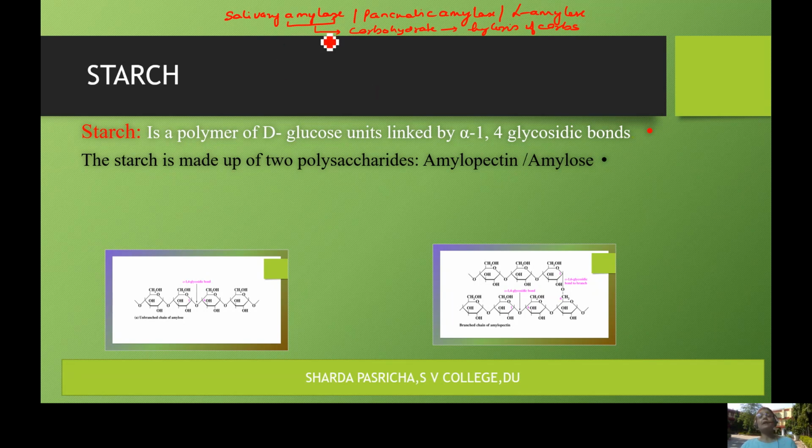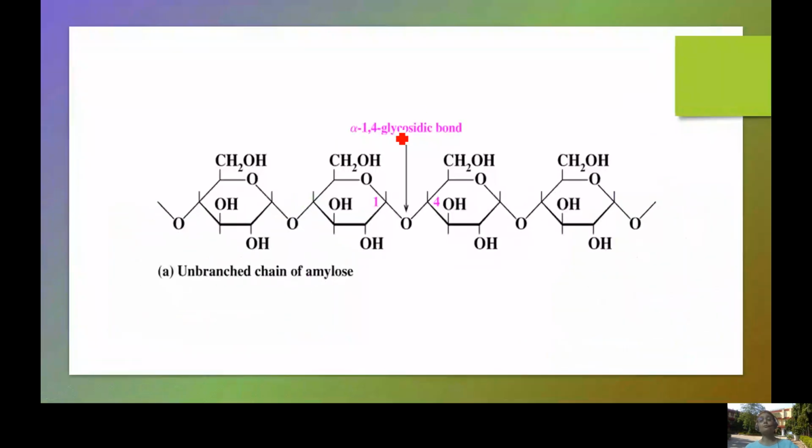Now, the salivary amylase or the alpha amylase, it acts on the 1,4-glycosidic linkages in the sugars, and it breaks them down. The most common substrate for salivary amylase is the starch. You have seen in the carbohydrate chapter that starch is actually a mixture of two polymers.